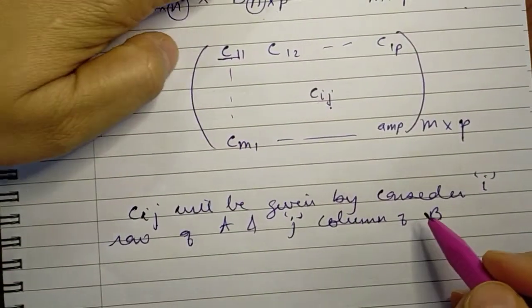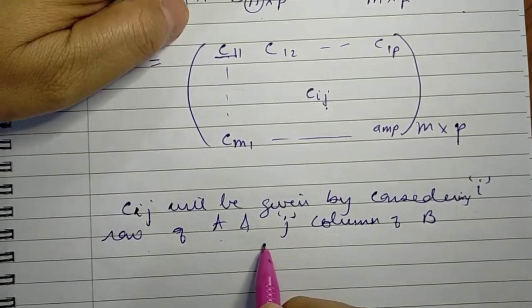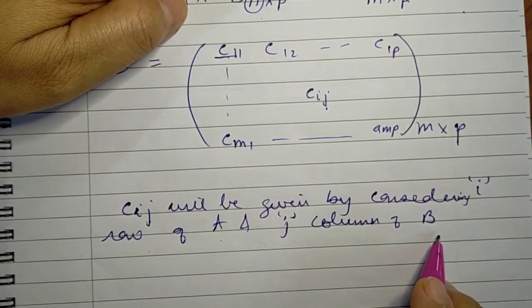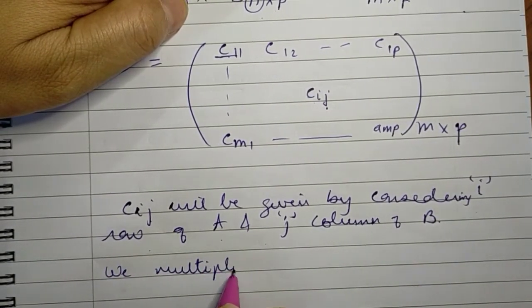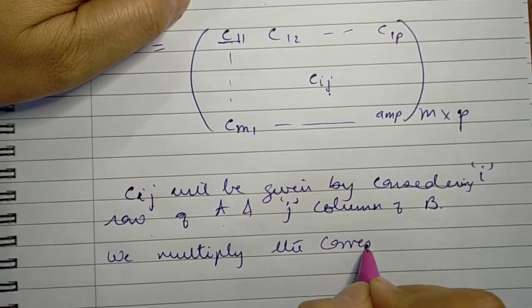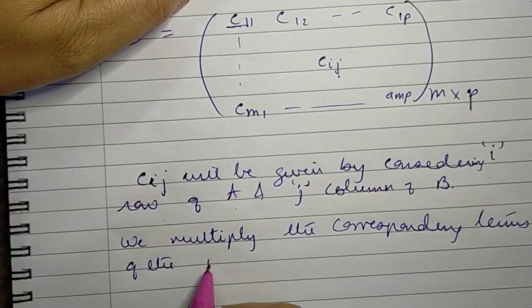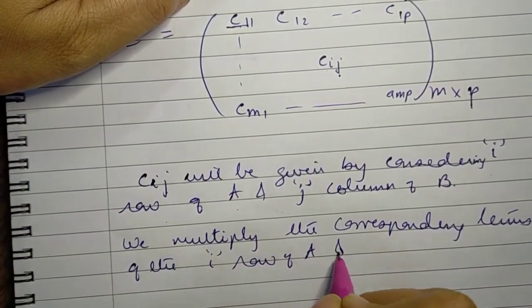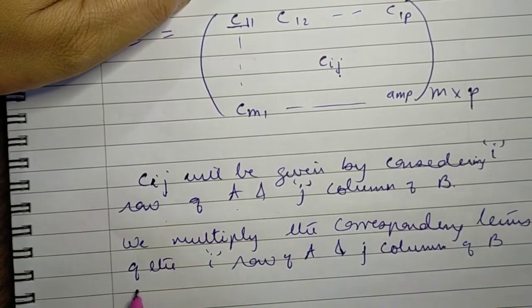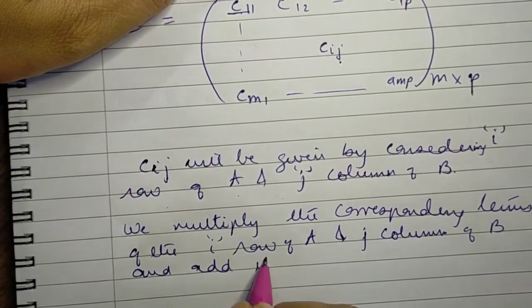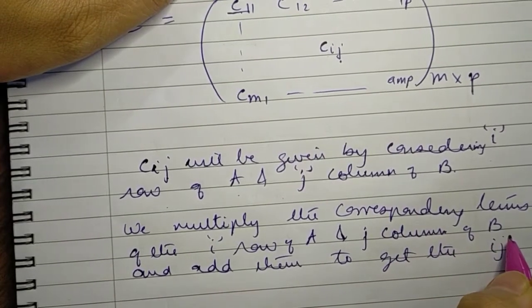We multiply the corresponding terms of the ith row of A and the jth column of B and add them to get the ijth element of C.